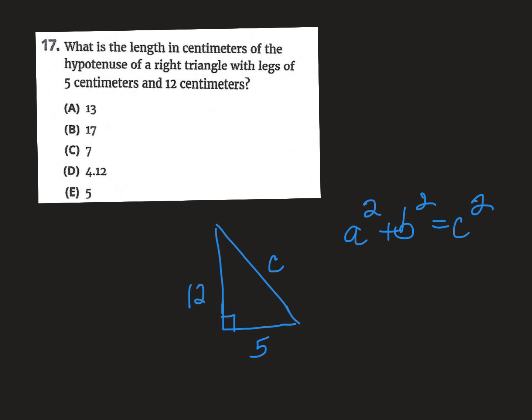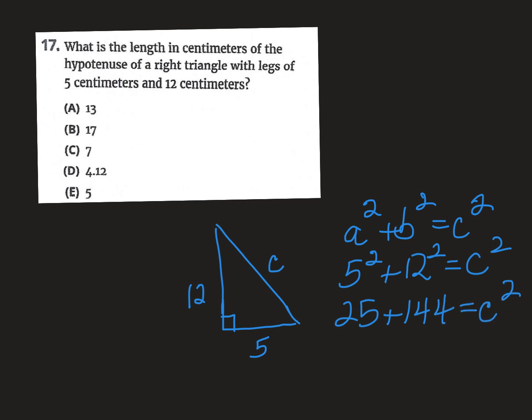So 5 squared plus 12 squared equals C squared. 25 plus 144 is 169 equals C squared.